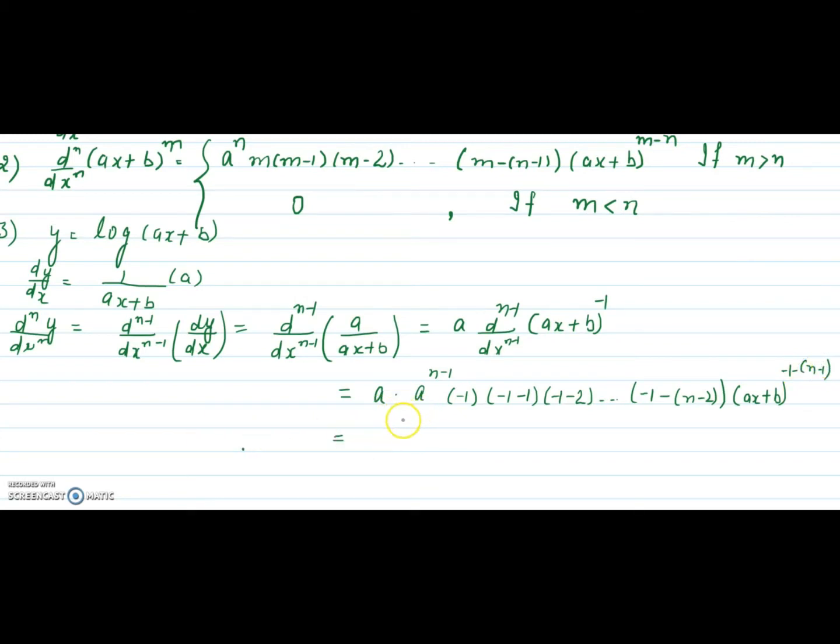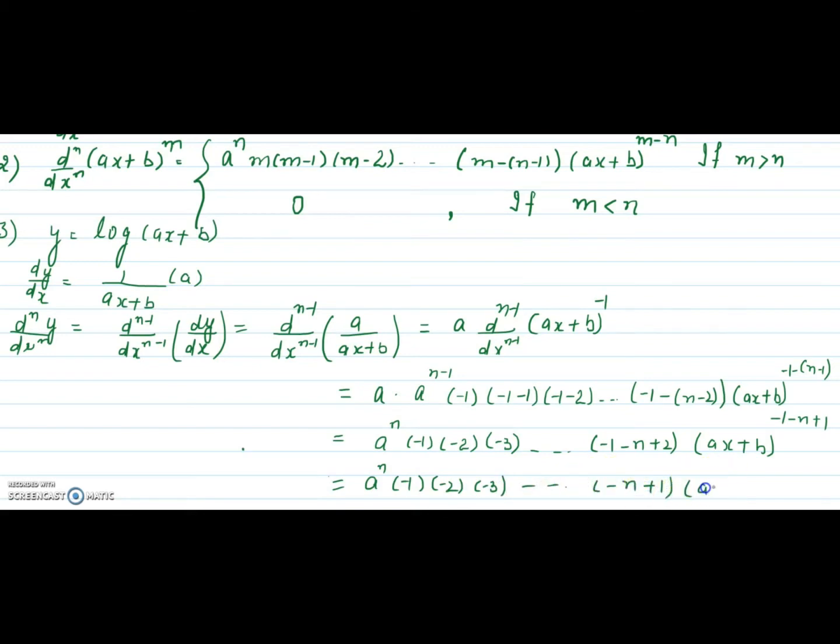And this is equal to a raised to power n minus 1, minus 1 into minus 2, minus 3, up to minus n plus 2, into ax plus b raised to power minus 1 minus n plus 1, which is further equal to a raised to power n minus 1, minus 1, minus 2, minus 3, up to minus n plus 1, ax plus b raised to power minus n.